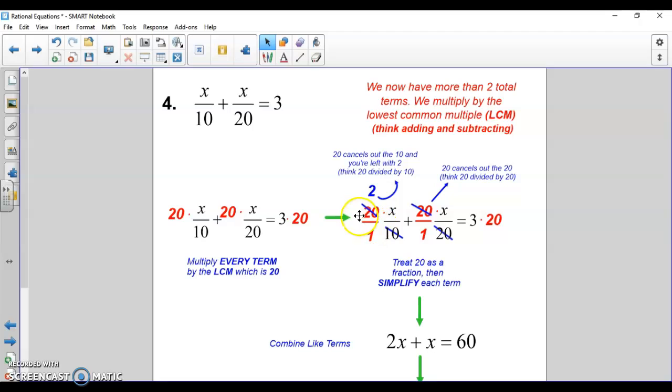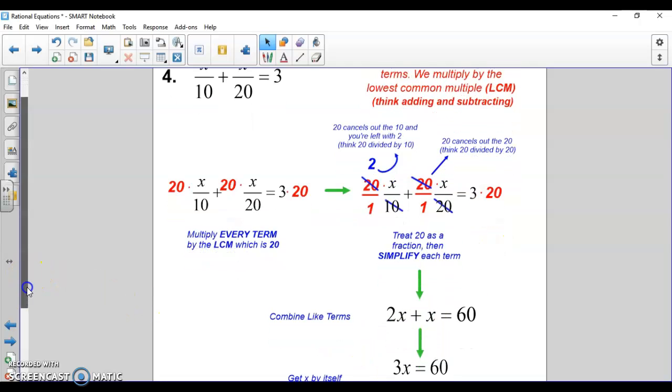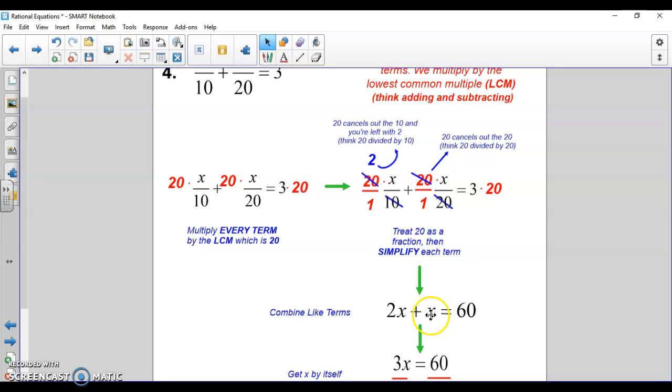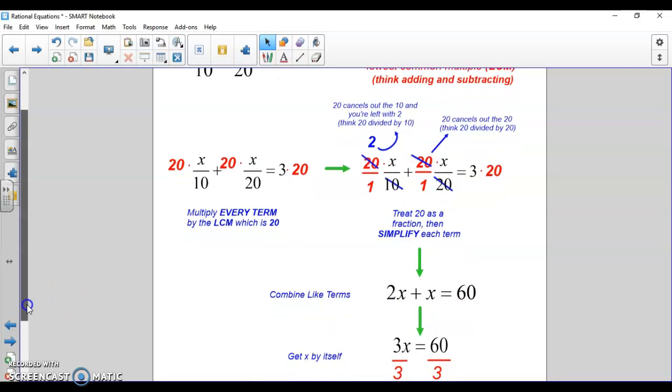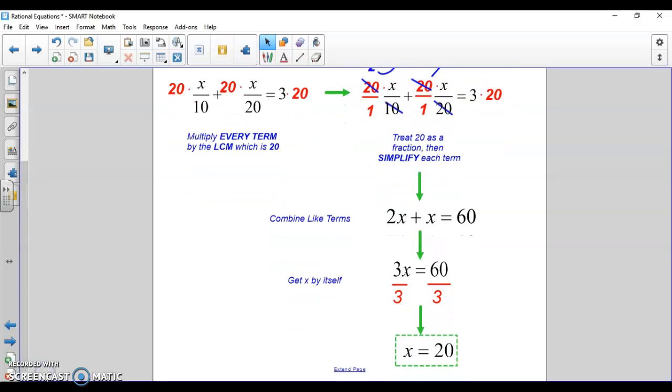We simplify each term. 20 cancels out to 10, you're left with 2. 20 knocks out the 20, left with 1, or just x. Then you have to actually multiply 3 times 20. You rewrite what's left over, so what's left over is 2x plus x equals 60. Combine like terms, 3x equals 60, divide by 3, x equals 20.